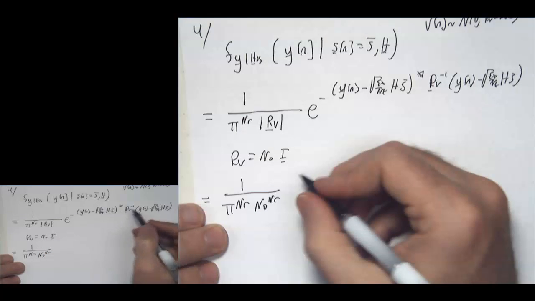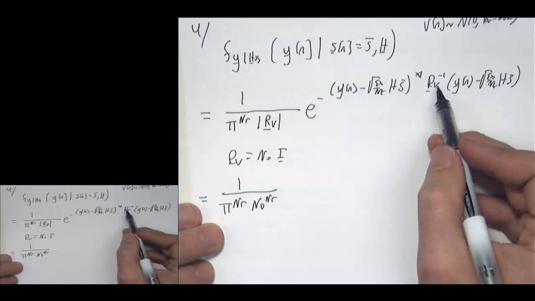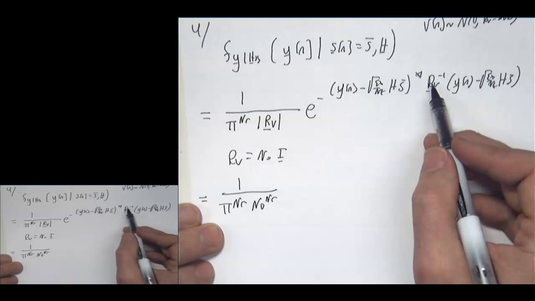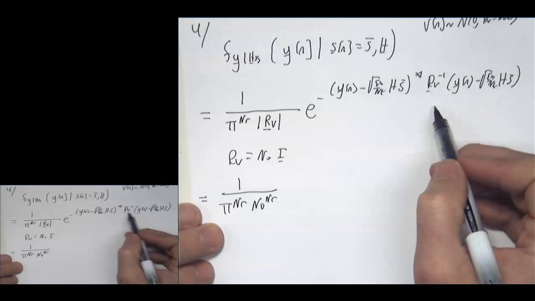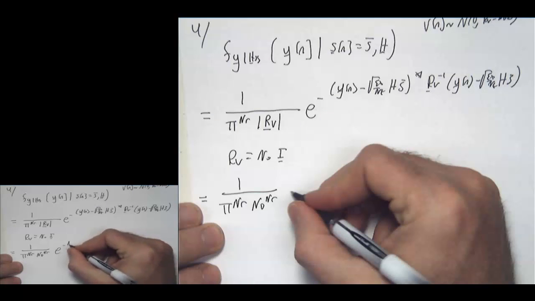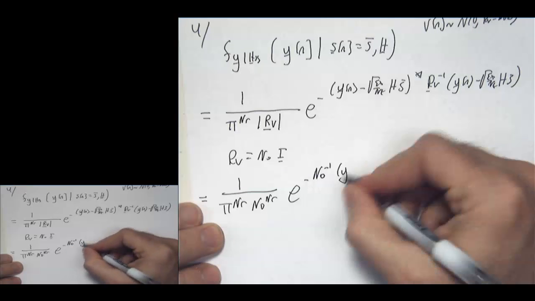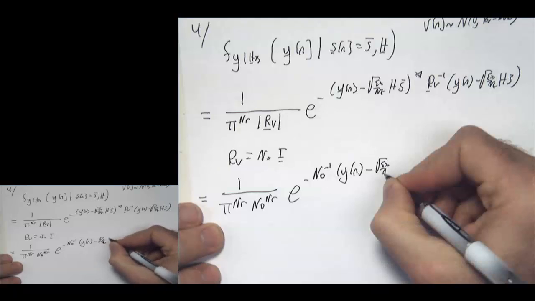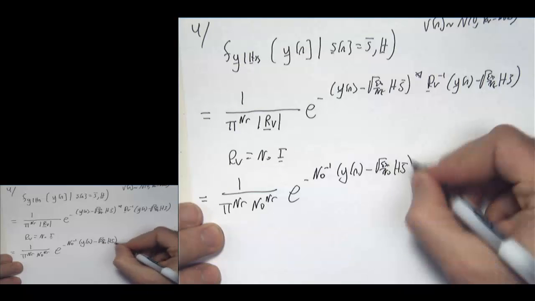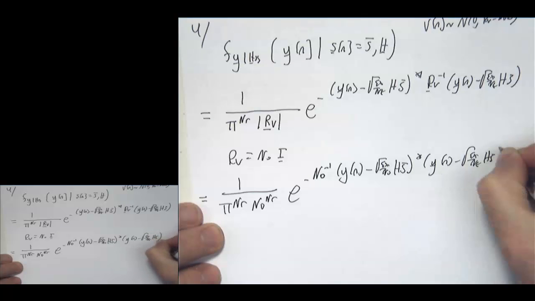And then over here, we have the inverse of a diagonal matrix, which is just a diagonal matrix of the inverse of the diagonal entries, and that's also N naught. So we can rewrite this as e to the minus N naught inverse times y of n minus square root of Es over Nt h s bar, star, y of n minus square root of Es over Nt h s bar here.